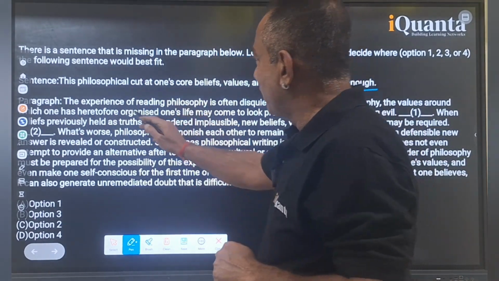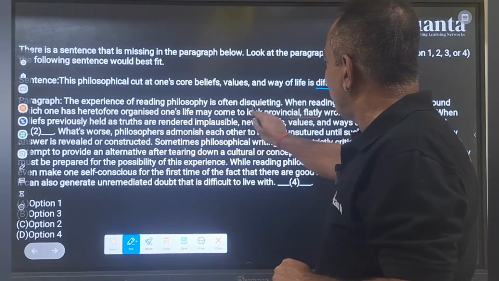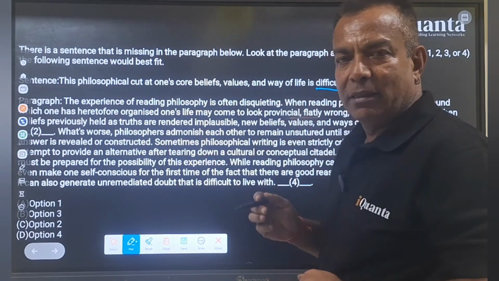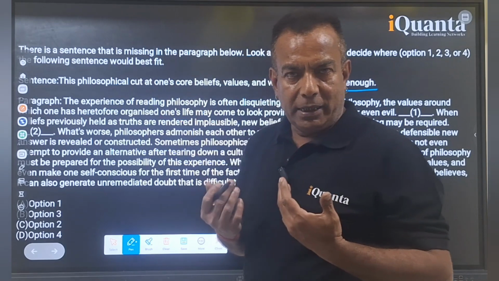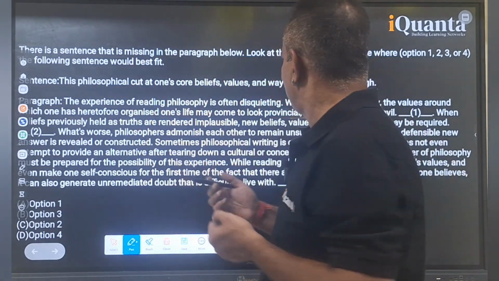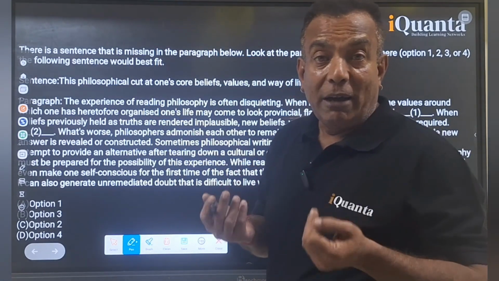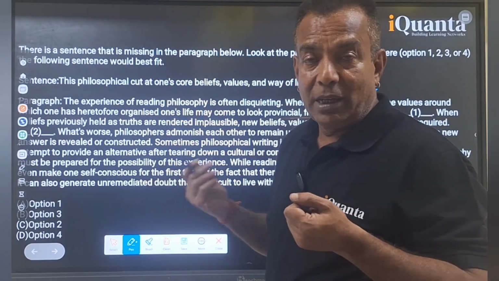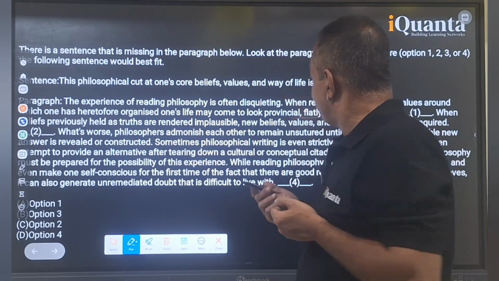So that's what it's talking. The experience of reading philosophy is often disquieting. वो विचलित कर देगा अंदर से. You are troubled after reading the philosophy because probably you have different values and different beliefs.